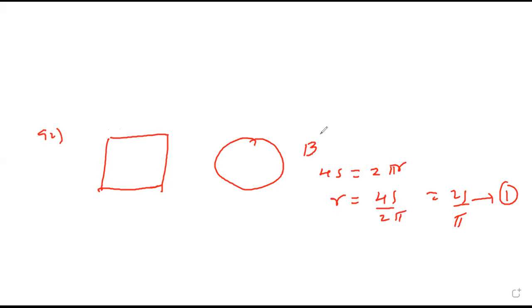Then B dash is given, and for the square the field at center has to be found. If I find at center, whatever comes for one side will come for all. 4 into 1, 4 into B1. Shall I do or you have got the idea now?